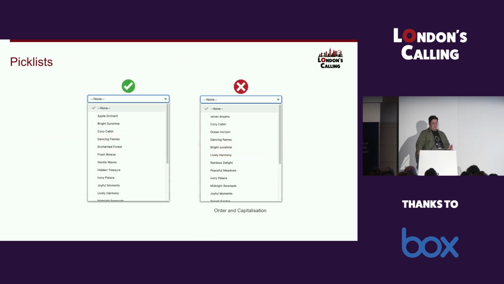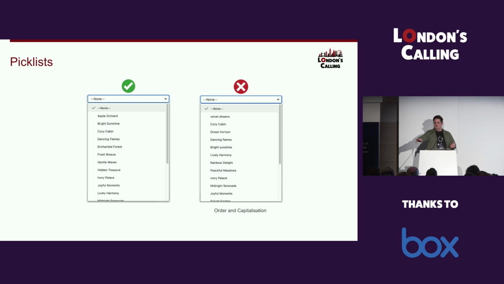When it comes to picklists, one of my pet peeves as well, you probably can't really see it, but whenever you add new picklist values and you don't reorder them to be alphabetical, it just stays as is. So your legacy users who have been with your company for three years have the muscle memory we talked about.